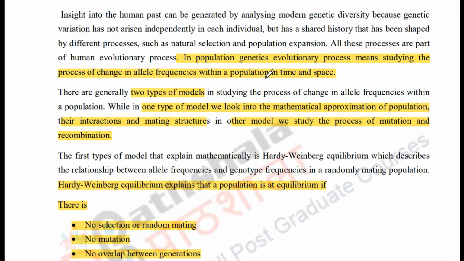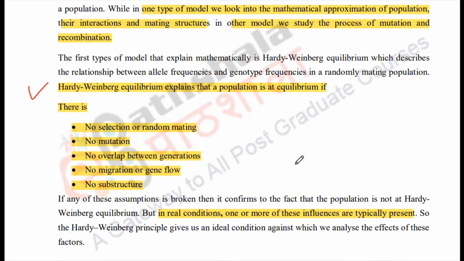So how those frequencies are kept constant, how those frequencies are maintained throughout generations. When we talked about the Hardy-Weinberg principle also, we were trying to put that idea into picture that these frequencies remain at equilibrium, they remain constant if no external forces are being put upon a given population at a given point of time.